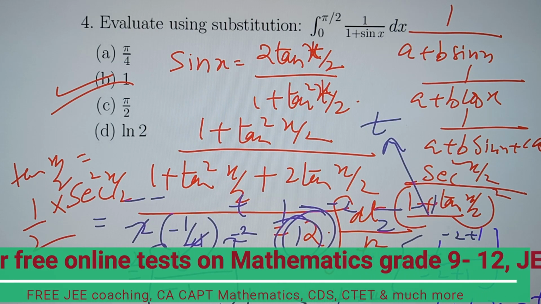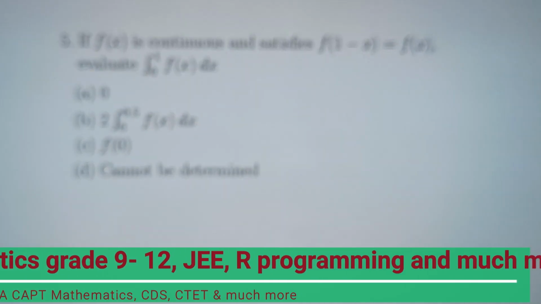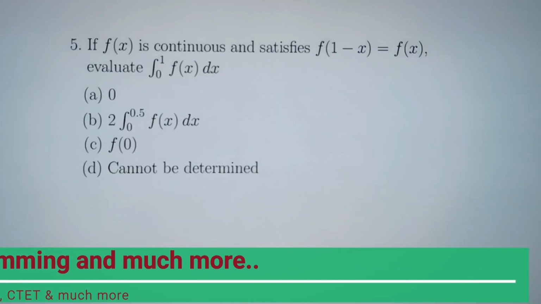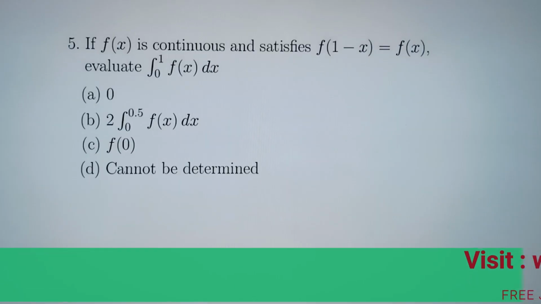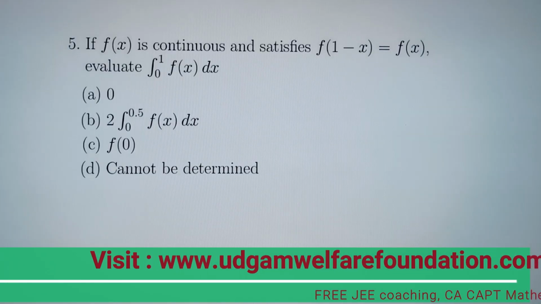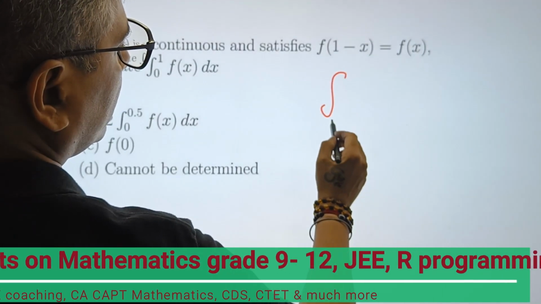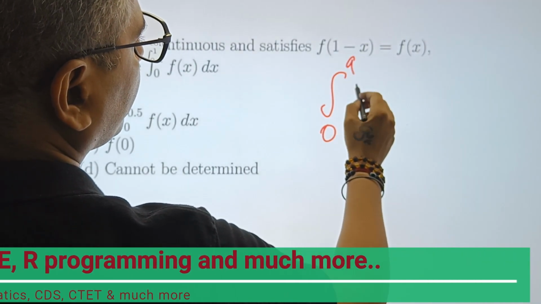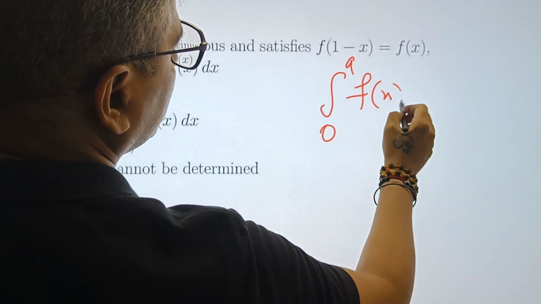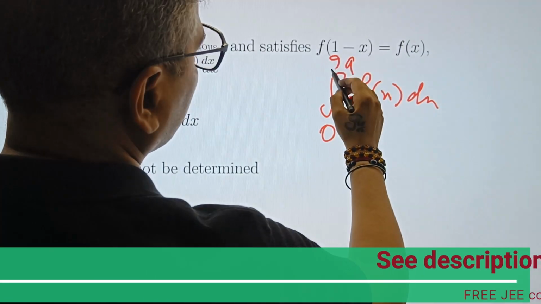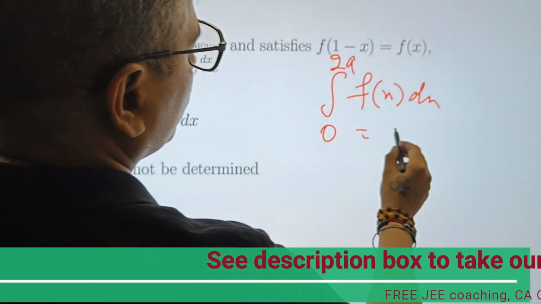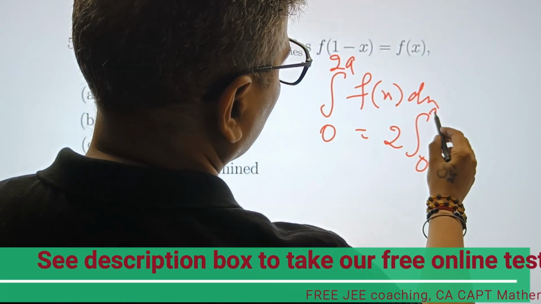Now let's move towards question number 5. So students, this is our next question, which states that f(x) is a continuous function and satisfies this, evaluate the integral from 0 to 1 of f(x) dx. As we know, the property of integral like the integral from 0 to 2a of f(x) dx is equal to twice the integral from 0 to a of f(x) dx.